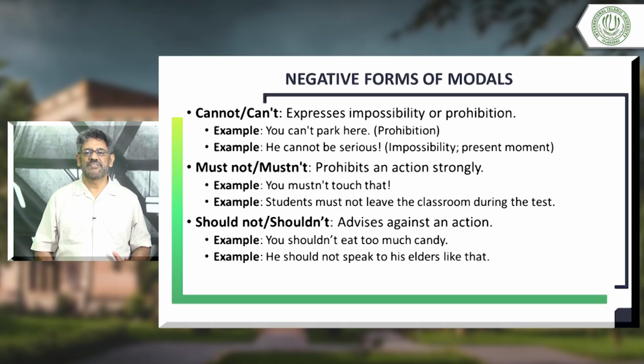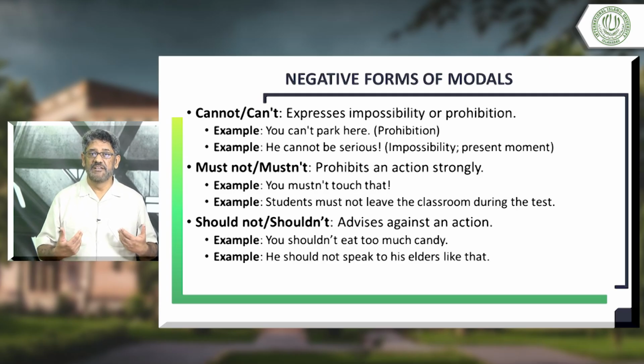You see? Telling not to do something. Should, we know, is for strong advice. I told you it's for strong advice. But here, advice against an action, stopping somebody strongly. Right?